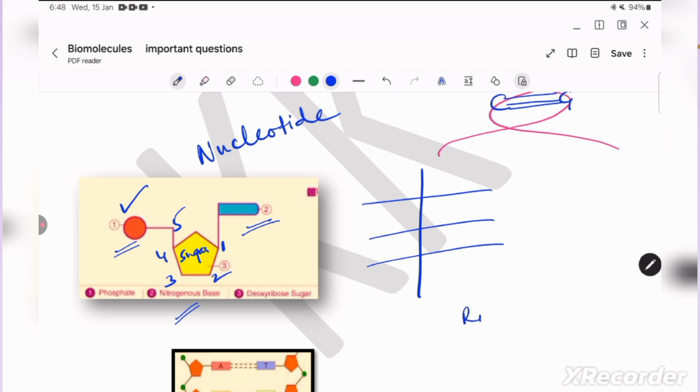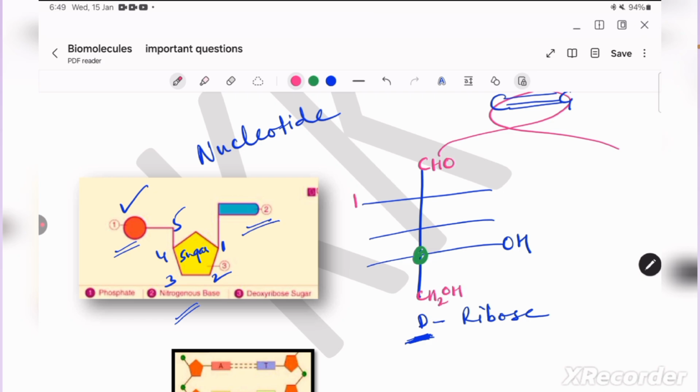Now let me draw first ribose, D-ribose. What's the meaning of D? You have understood: D means the OH on the last chiral carbon atom is on the right hand side. Of course, this is the carbon atom I'm talking about. Drawing the structure is extremely simple, just like glucose. We draw CHO on the top, and at the bottom CH2OH.